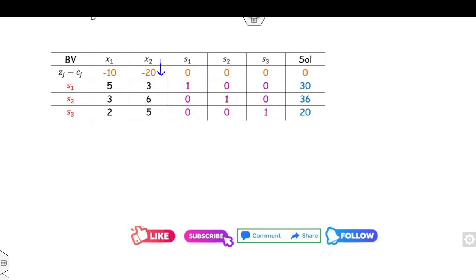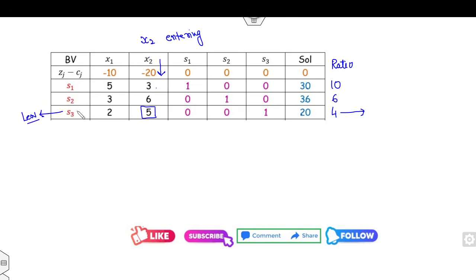Find the ratio considering only the positive terms. So the ratio is 30 divided by 3, 36 divided by 20. So the minimum value is 4, and this is my pivot element. That means x2 is my entering variable and s3 is my leaving variable.